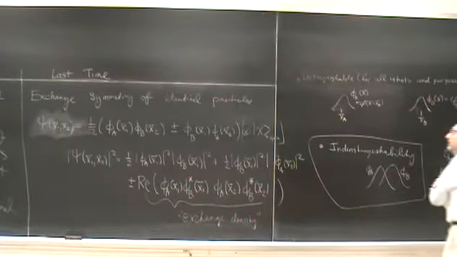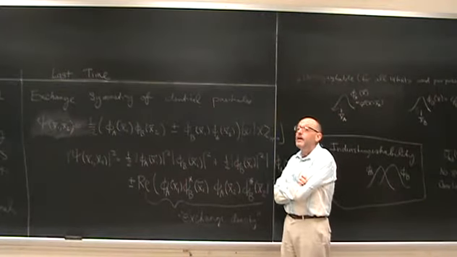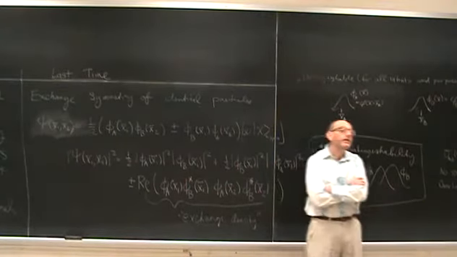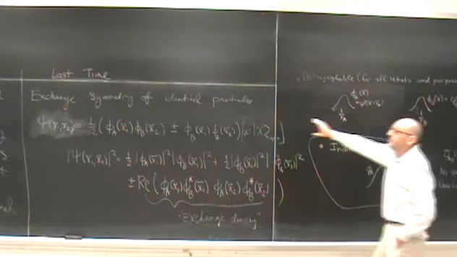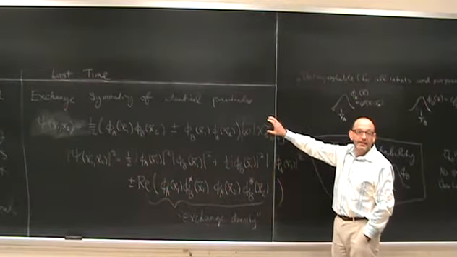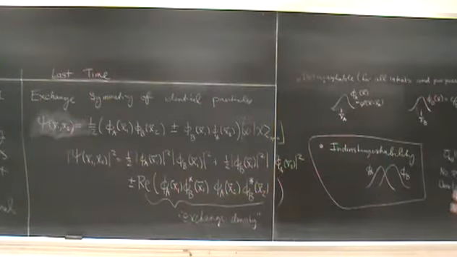So I have to appropriately symmetrize or anti-symmetrize. That spatial wave function can be either symmetric or anti-symmetric, paired with the appropriate spin state so that the overall state is symmetric or anti-symmetric depending upon whether they're bosons or fermions.